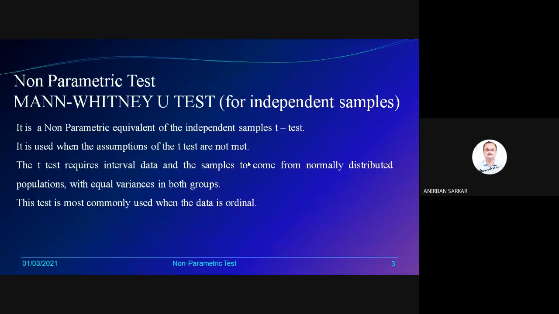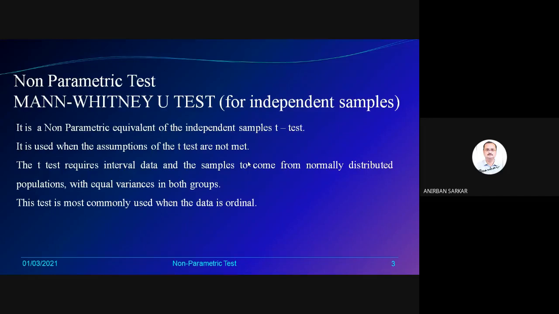So let us start with the various types of non-parametric tests now. We will talk about the non-parametric equivalents of the independent and paired t-tests. The non-parametric equivalent of the independent t-test is the Mann-Whitney U test, and the non-parametric equivalent of the paired t-test is the Wilcoxon signed rank test.